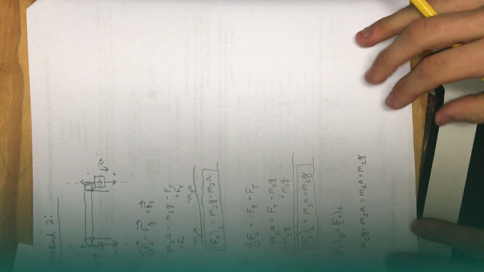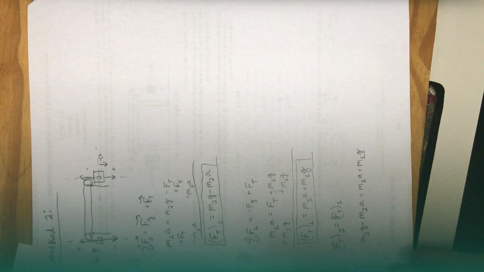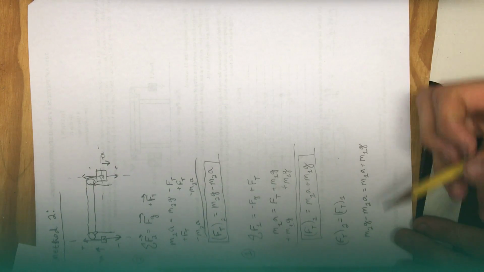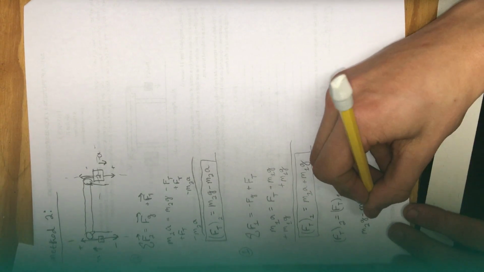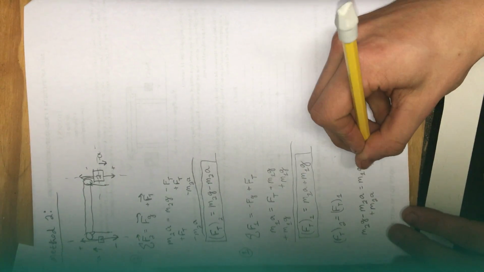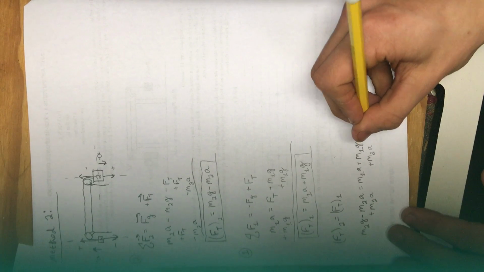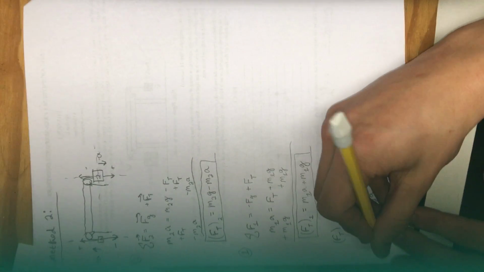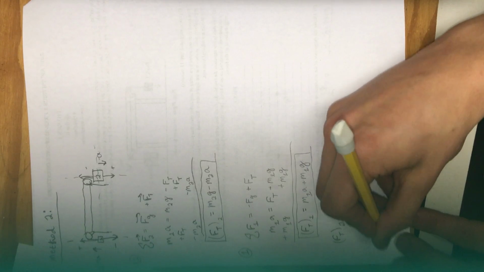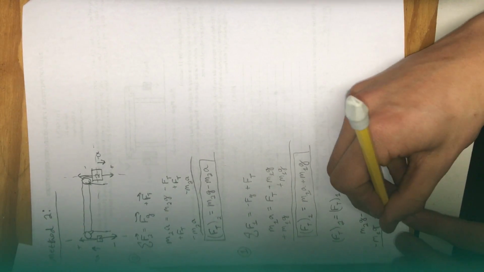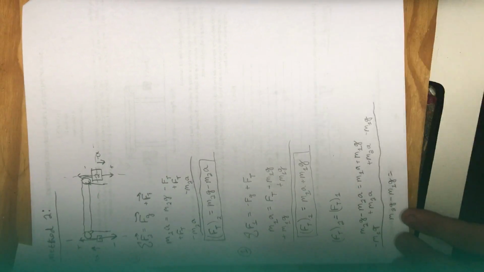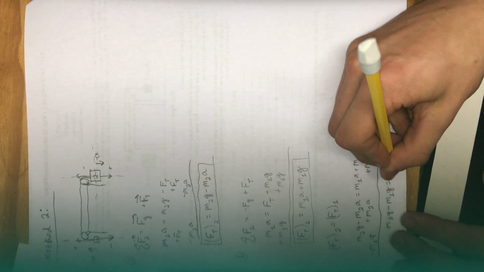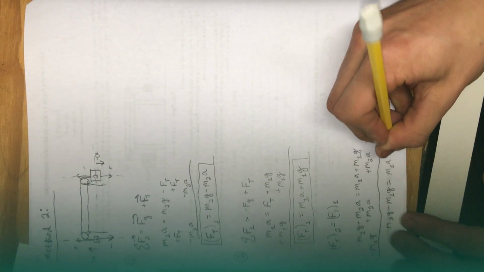So we're trying to solve for the acceleration of the block. What we need to do to figure out the acceleration is isolate the acceleration on one side. So how I'm going to do that is add m2a to each side, and then subtract m1g. So what that gives us is m2g minus m1g is equal to m1a plus m2a.